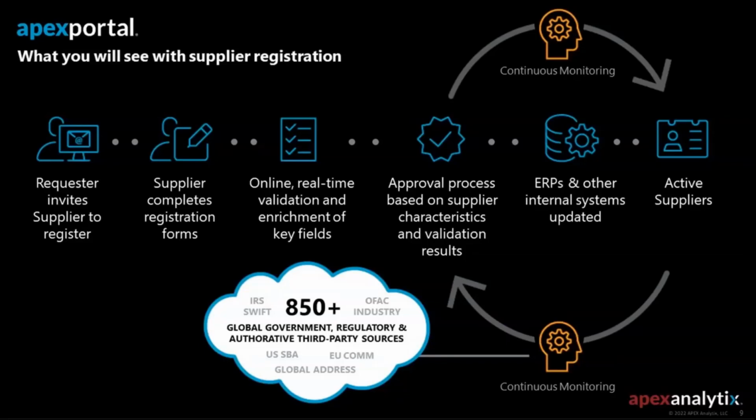If you invite a new supplier who doesn't exist in your vendor master, then that supplier's golden record gets pre-populated, so the supplier has to do a lot less typing. That's one advantage. Then you get continuous monitoring, where if the supplier's information changes without them logging into the Apex portal, you still get those alerts. Those are two significant advantages of bundling Smart VM with Apex portal.